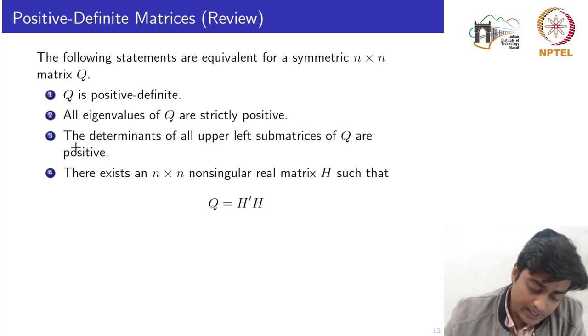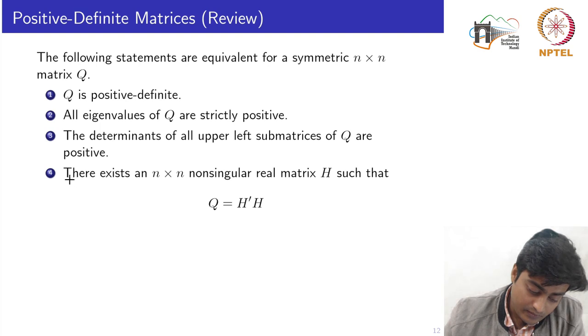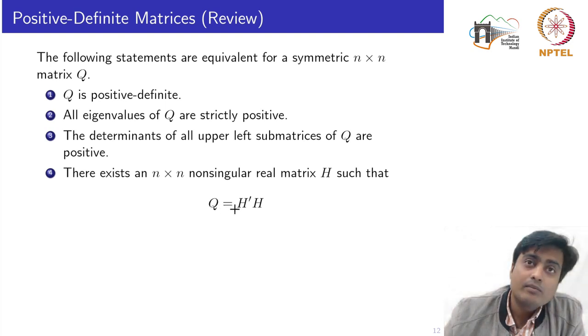Which is equivalent to saying the determinants of all upper left sub matrices of Q are positive, and vice versa if the matrix is negative definite, which is again equivalent to saying that there exists another square non-singular real valued matrix H such that the matrix Q is the multiplication of the transpose of that matrix with itself. Okay.